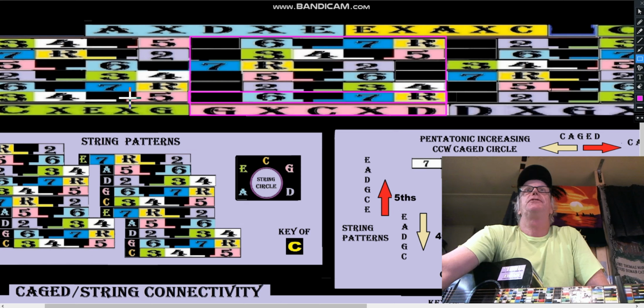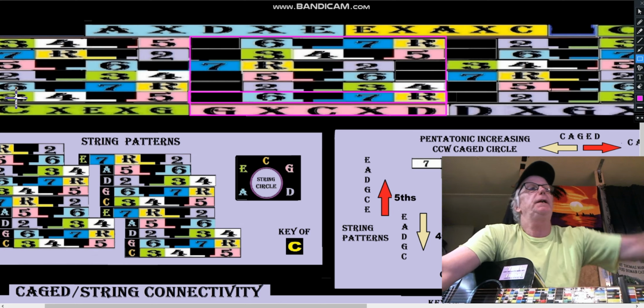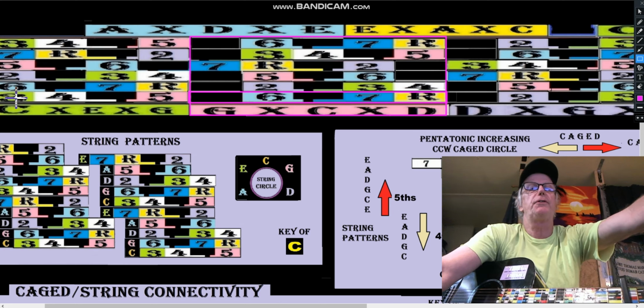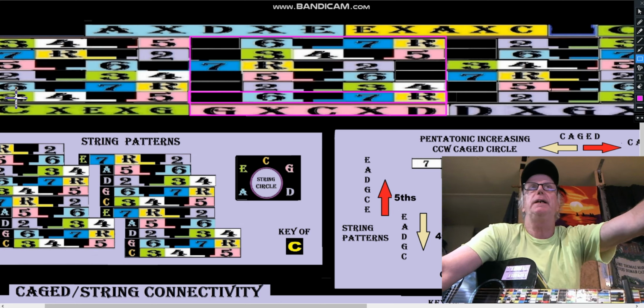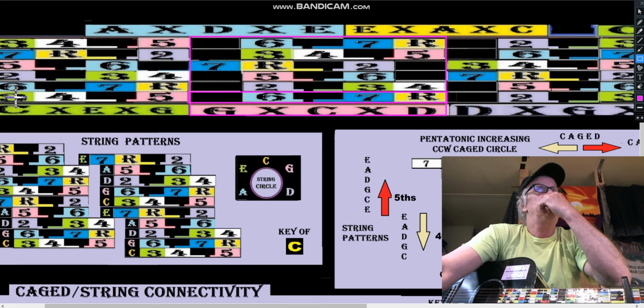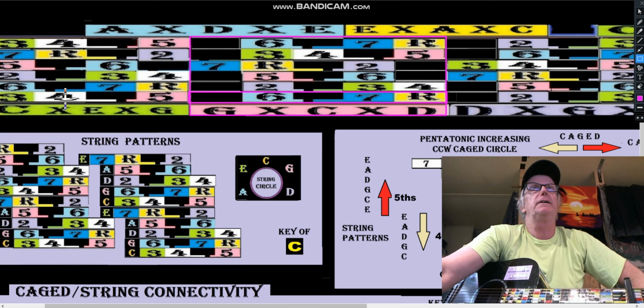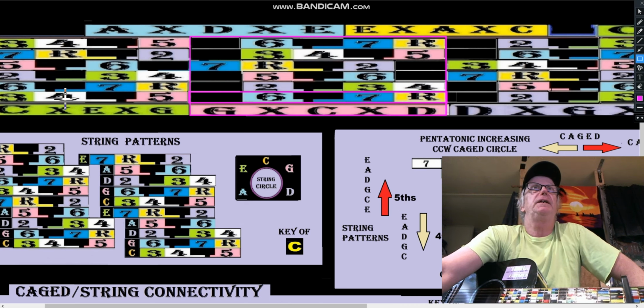And in the key of C, which this is drawn in, the reason is that the low E is labeled a 3. In any other key, you will not see a 3 there. In the key of, I guess, C sharp, you would see a 4 there. In the key of D, you would see an F sharp there.